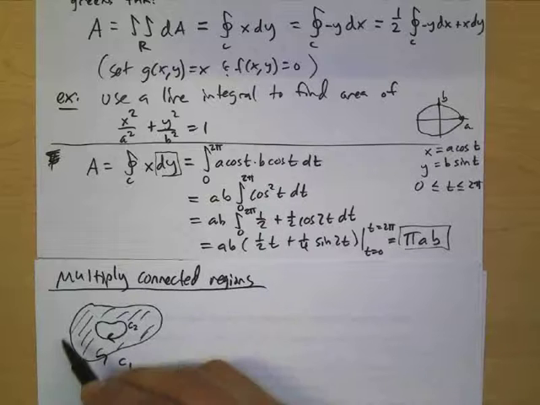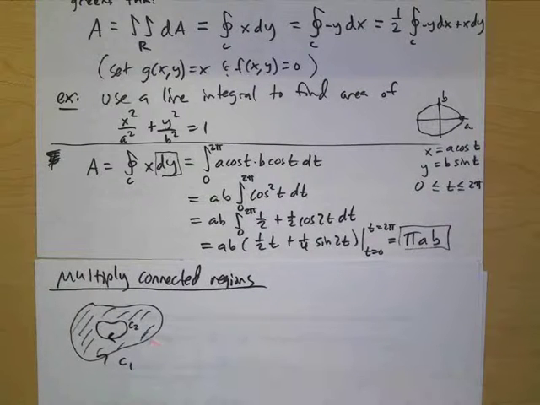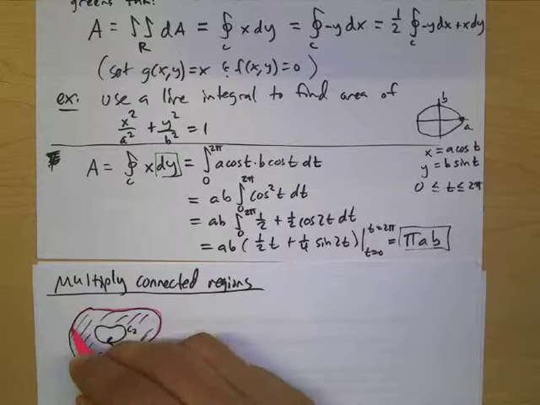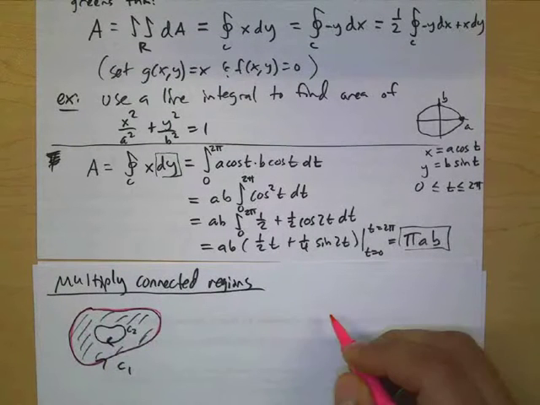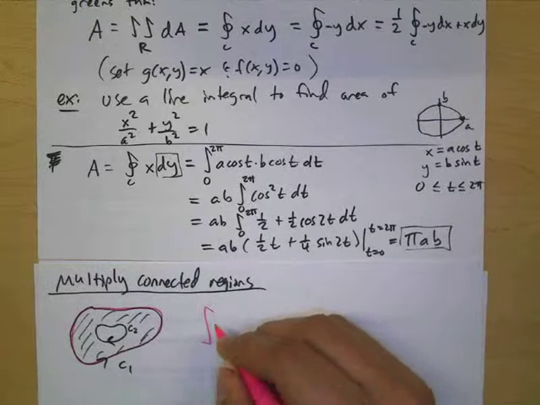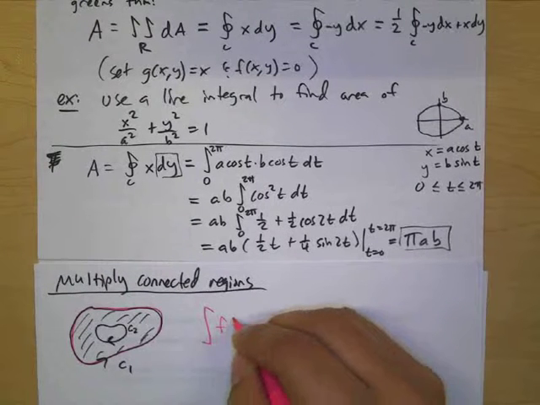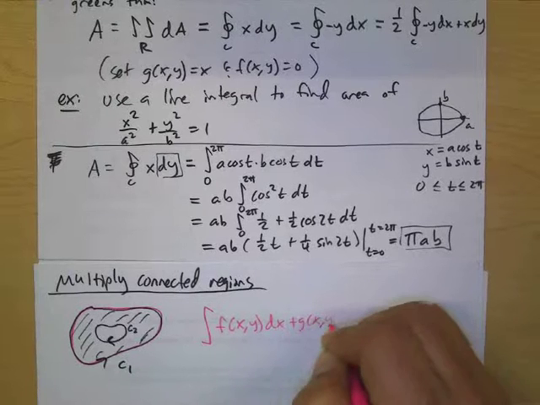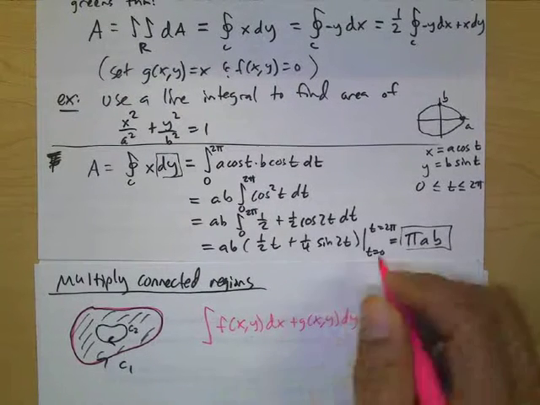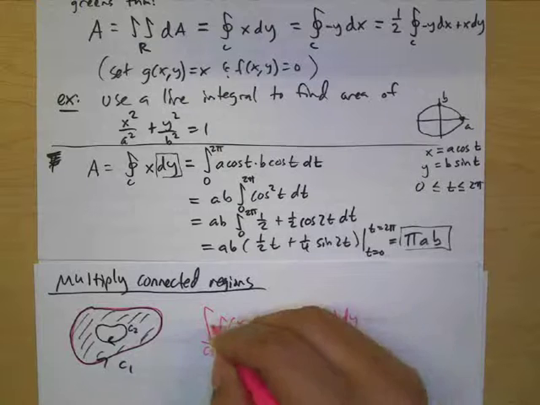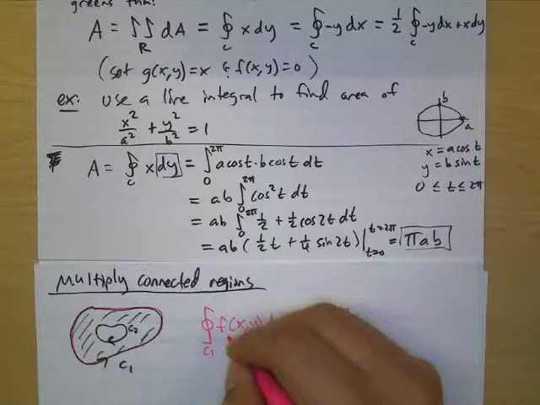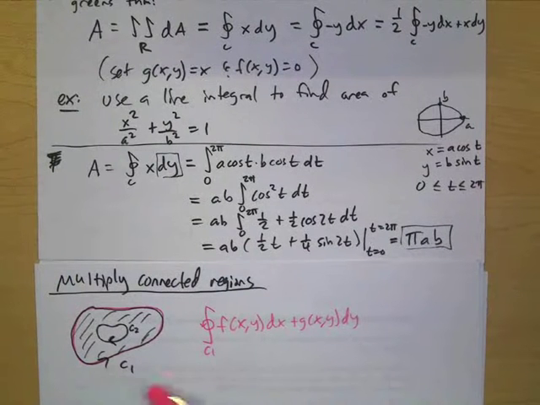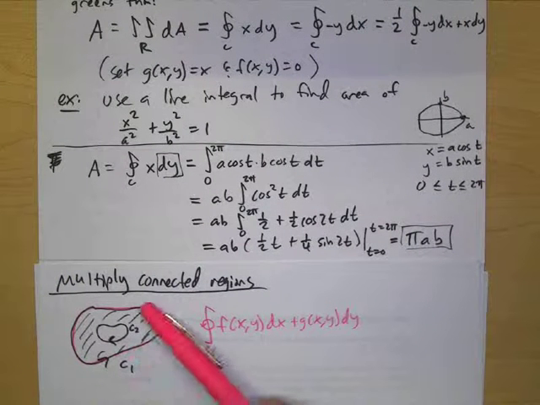The first path, so if we go along C1, this is going to be set up exactly the way we discussed earlier. So we're going to have the line integral of f of xy dx plus g of xy dy, C1, and closed path. So that would calculate if we're on this path on the outside.